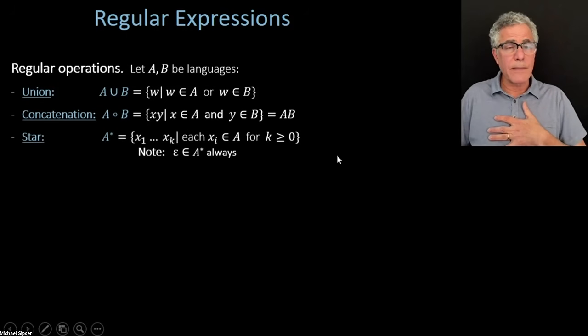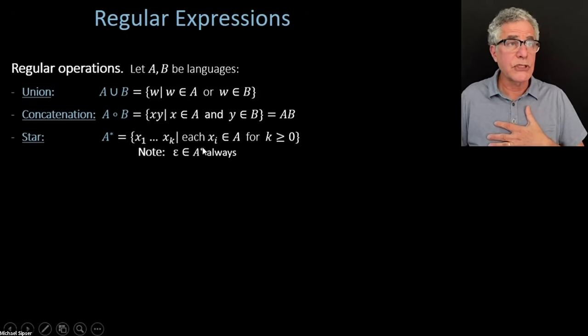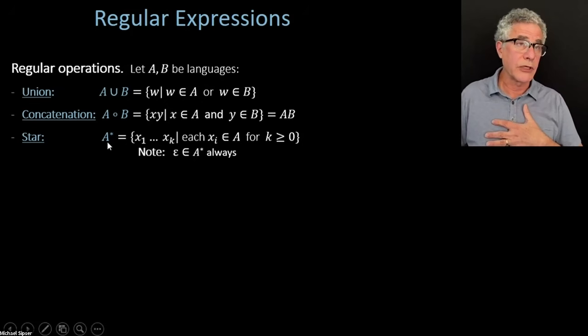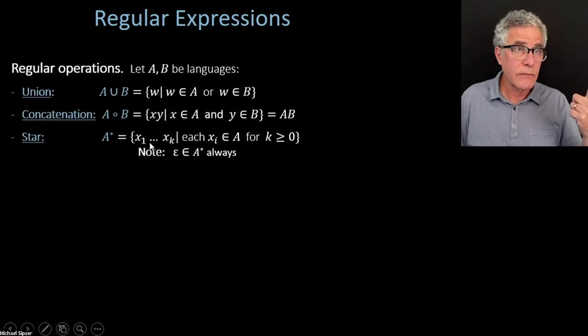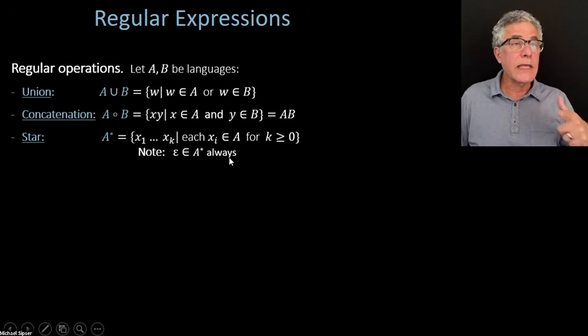And the last of the regular operations is the so-called star operation, which is a unary operation that applies to just a single language. What you do is take a bunch of strings in the original language A, and you stick them together.